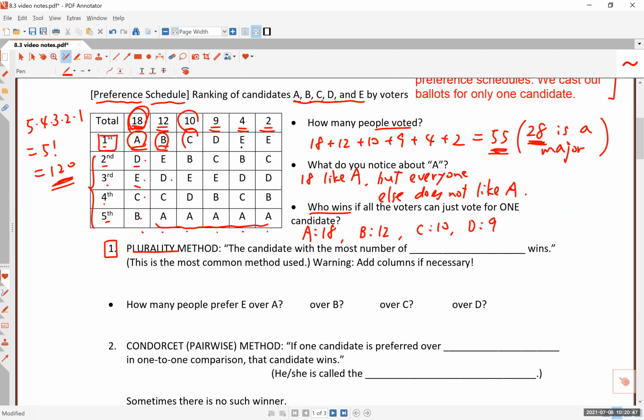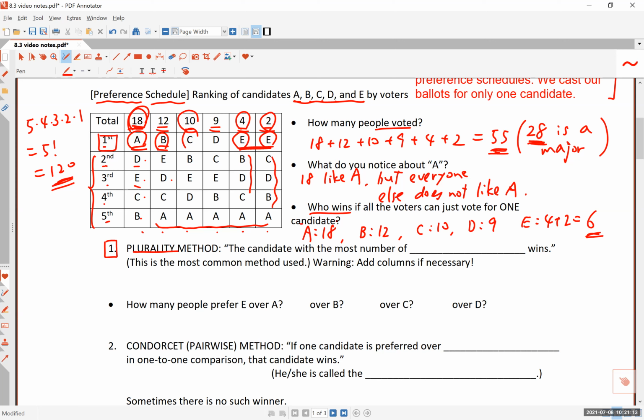And then E, now watch carefully here, because E spans 2 columns. So these 4 people choose E to be the first candidate, and these 2 additional people will also choose E. Everything else here is different. So for D, 9, and for E, you have to add 4 and 2, and that's 6.